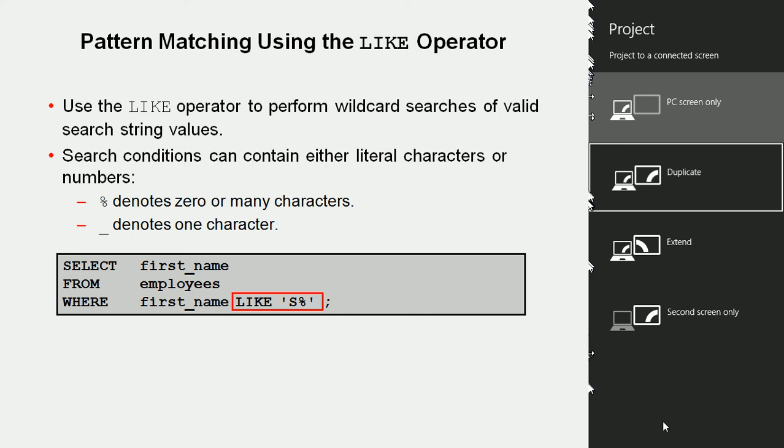In that case, if you use only the A inside the single quotation marks, then it will not show you anything, because the name contains other alphabets as well, Ali, Ahmad. So you need to write the percentage sign, which denotes zero or many characters. Might be there is only A stored in the database, or there is a string like Ali, Ahmad.